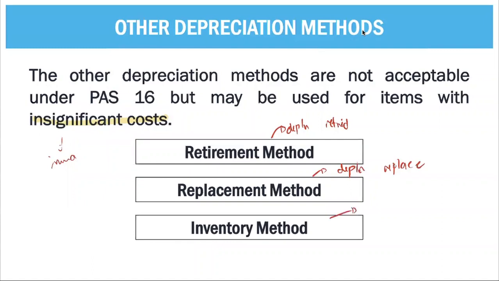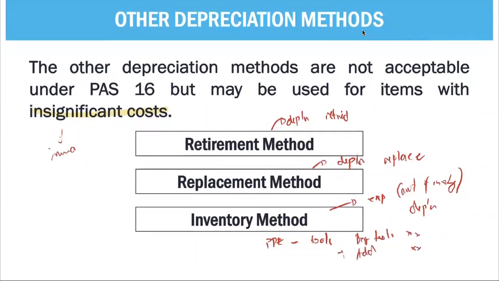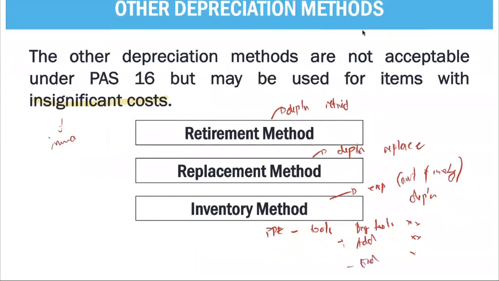For inventory, this talks about your expense or the amount of inventory used. This is the amount of your depreciation. So for example, some of your items of PPE are tools. Okay, so tools are insignificant. So you get your beginning tools, for example, your additional tools, less your ending tools. So whatever is the used tools, that is the amount of your depreciation.